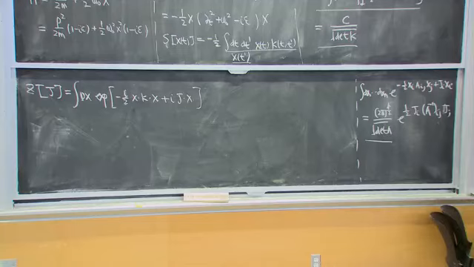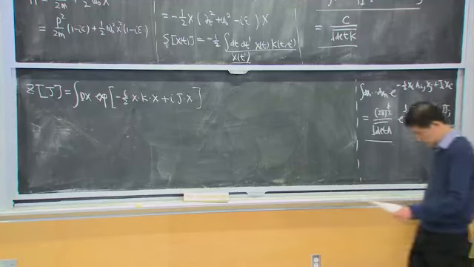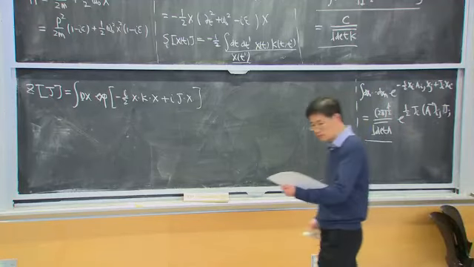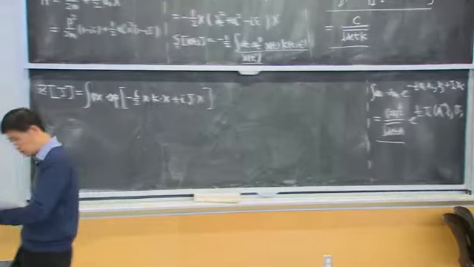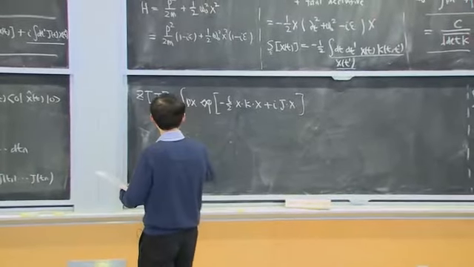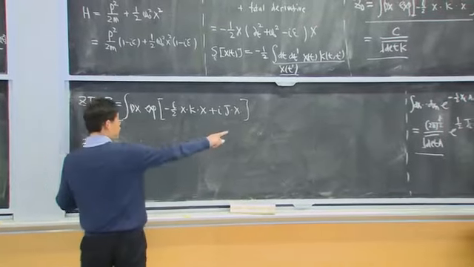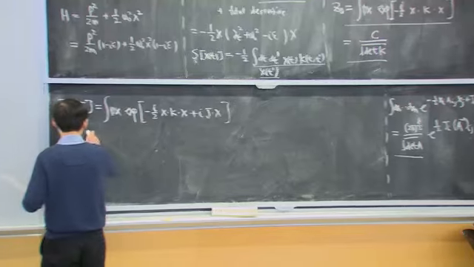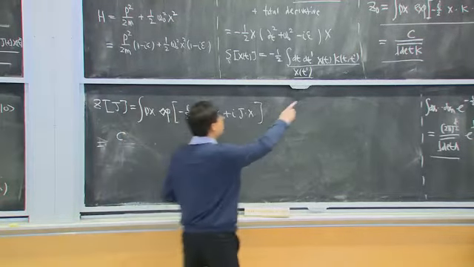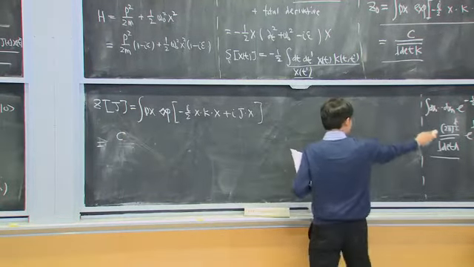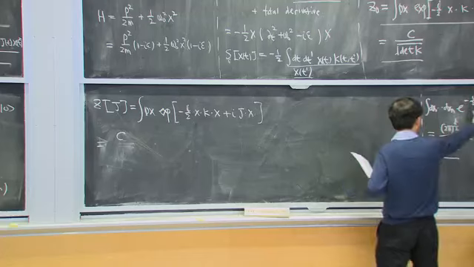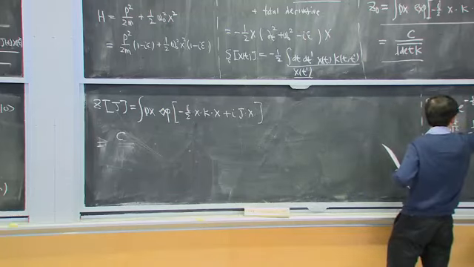Now we just have an infinite dimensional version of this integral, and we can write down the result immediately. We just copy that. This C will be exactly the same as that C, because this comes from doing the Gaussian integral as if J is not there.